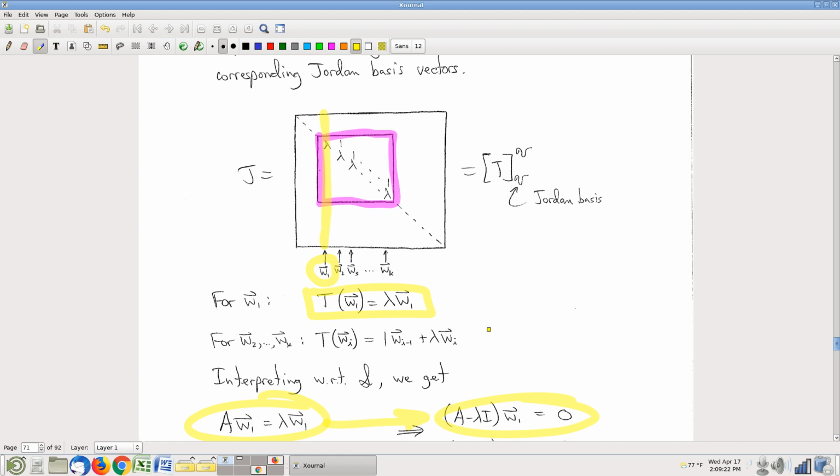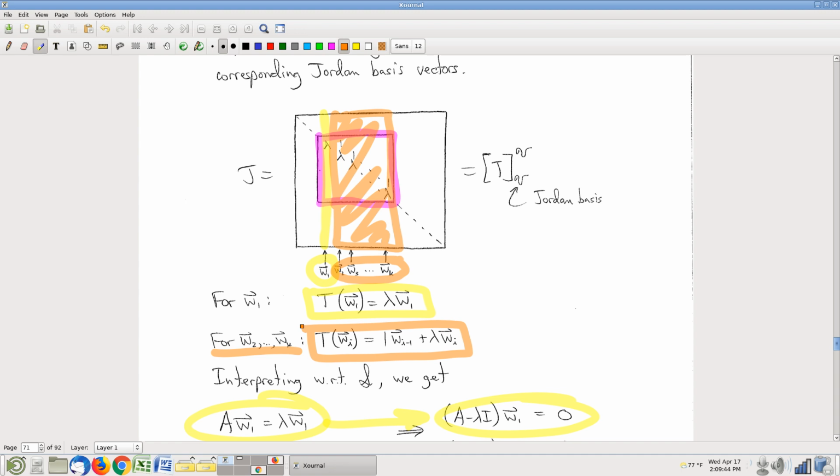But look what happens when we apply that same reasoning to the other columns. Let's look at these columns, all of those remaining columns corresponding to that block. They tell us about the images of the other Jordan basis vectors.